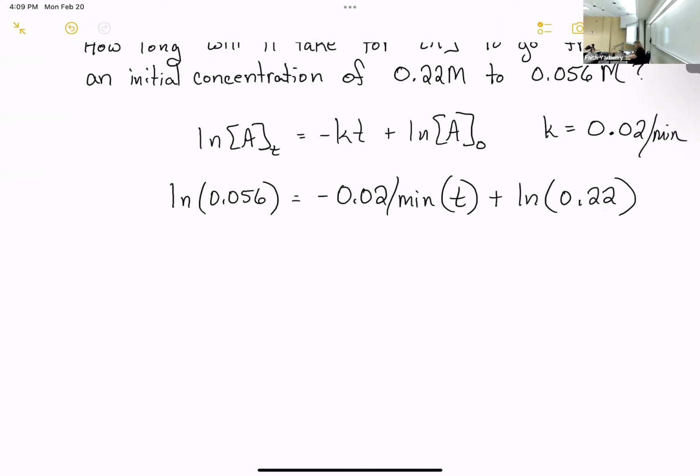So to solve this, natural log of 0.056, you get a negative 1.368 is equal to a negative 0.02 per minute times T. So T comes out to be 68 minutes. Technically, almost 68 and a half minutes.